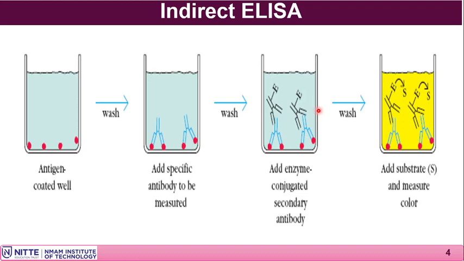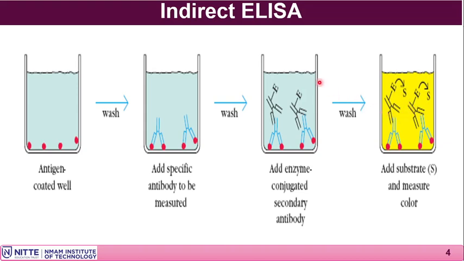Now once again give a thorough wash and add the substrate, the substrate corresponding to that enzyme. If you had used alkaline phosphatase labeled secondary antibody, you are supposed to add the substrate para-nitrophenyl phosphate.